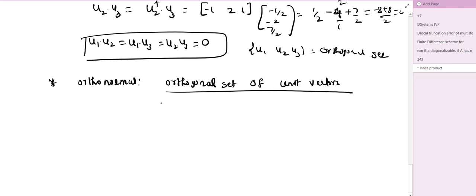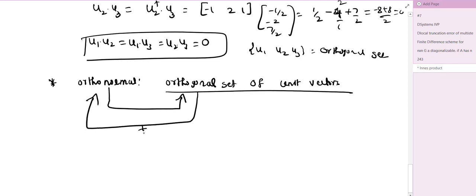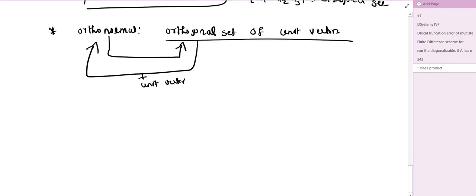So basically, every orthonormal set is orthogonal. To go from orthogonal to orthonormal, we need the extra condition that the vectors have to be unit vectors. So that's how we have to check whether the given set is orthogonal or orthonormal, and if it is just orthogonal, how do we convert it into orthonormal? So that's the discussion.